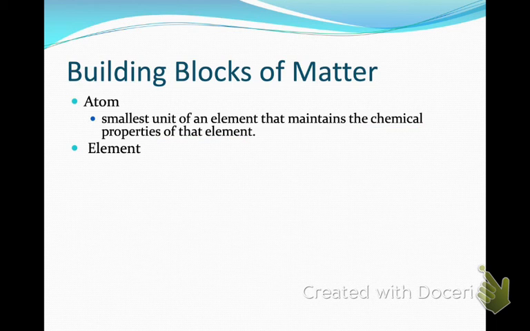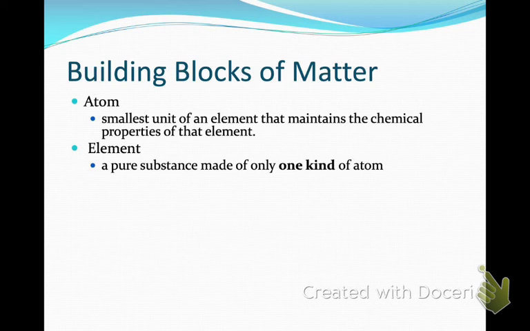So now let's get into a little bit more of what an element is. We've talked about different elements, right? The elements are all of the things that are found on the periodic table: carbon, nitrogen, oxygen, hydrogen. All of those elements have a spot on the periodic table. But what an element is, is just a pure substance, and it's only made of one kind of atom.